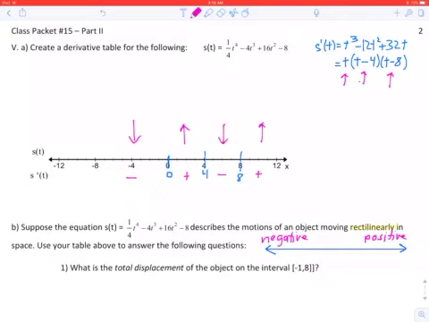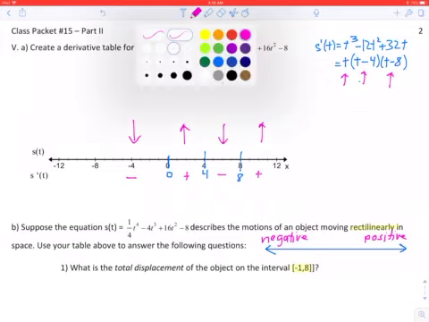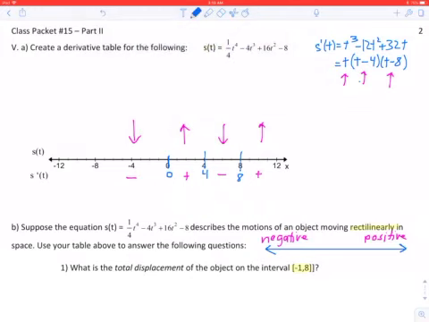So first, let's look at the interval that you're being asked about. You're being asked about negative 1 to 8. What is the position at t equals negative 1? So let's check that up here.